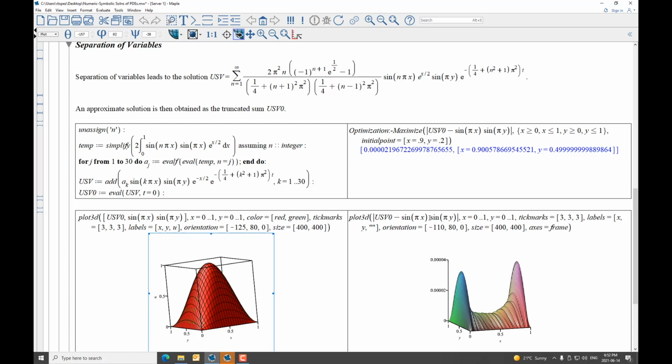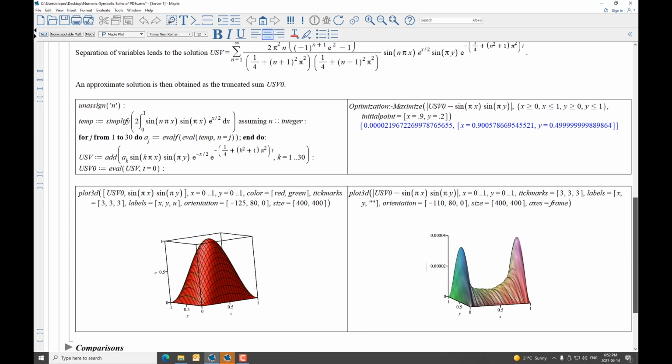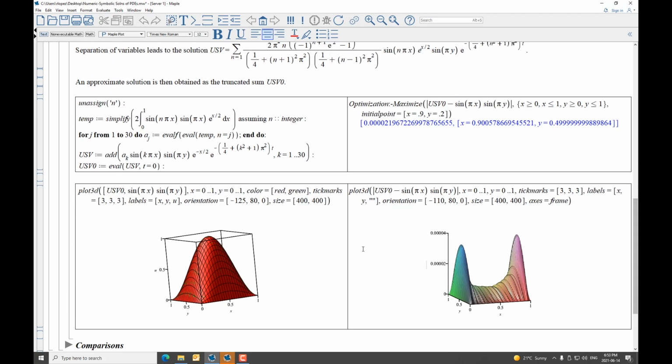And this is the exact initial. And I graphed the absolute value of that difference. And this is what I see. Small numbers, right? 4 10,000ths at worst. That's probably this peak over here. So not too bad. This separation of variables solution, it's not too bad, but it's slowly converging.